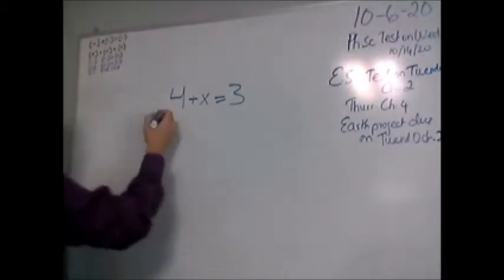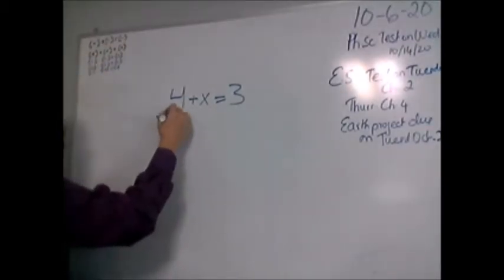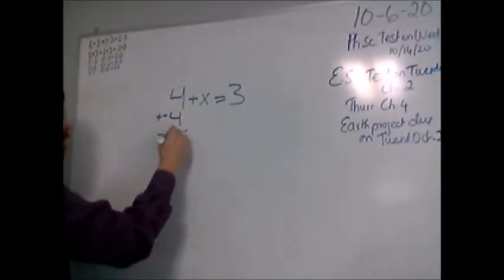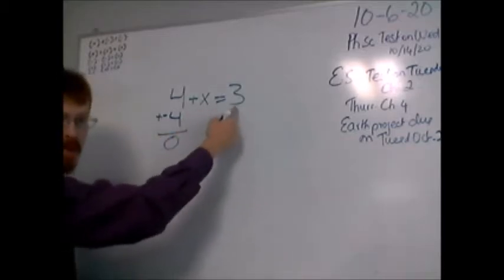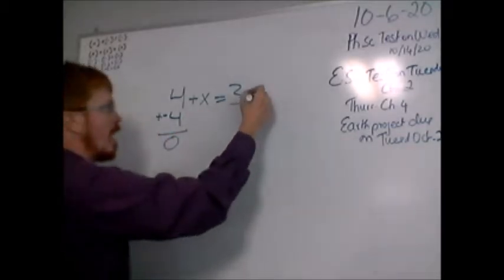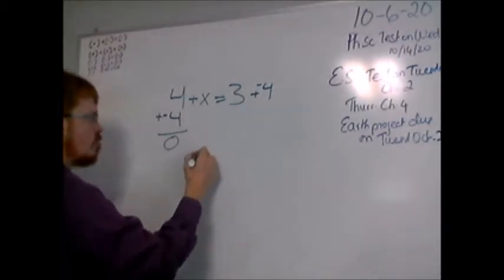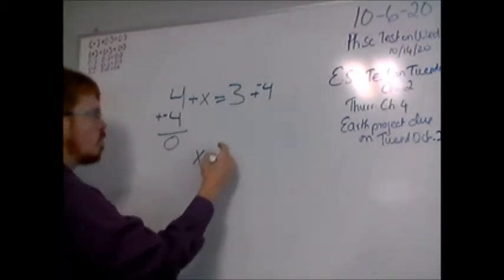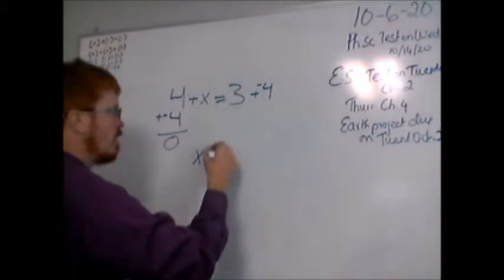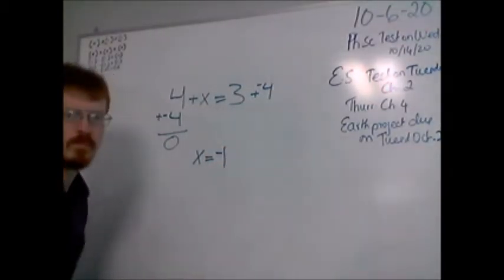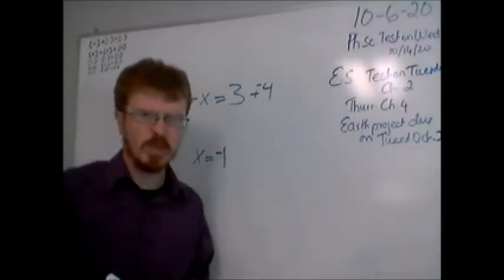Right here it's a positive 4, so you add a negative 4. That becomes a 0. What you do on one side of the equal sign, you have to do to the other. So you add a negative 4 over here, and then drop your information down. x equals 3 plus a negative 4, which is a negative 1. All right, that's what we've been doing so far.